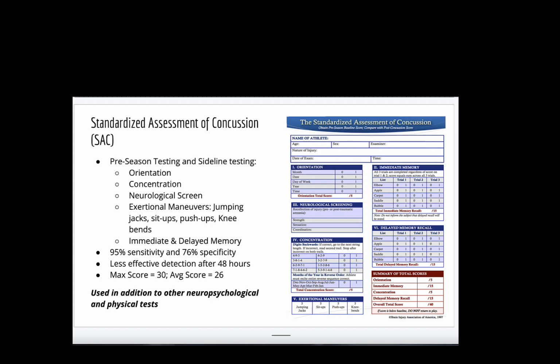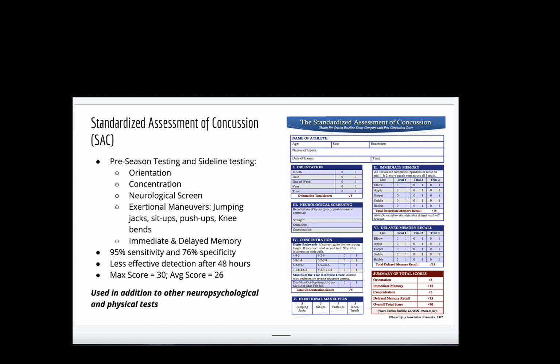The SAC is a standardized assessment of concussion. It has some really good categories of testing with regards to things like neurologic screening, overall symptomology with exertional maneuvers, short-term memory, and long-term memory recall.